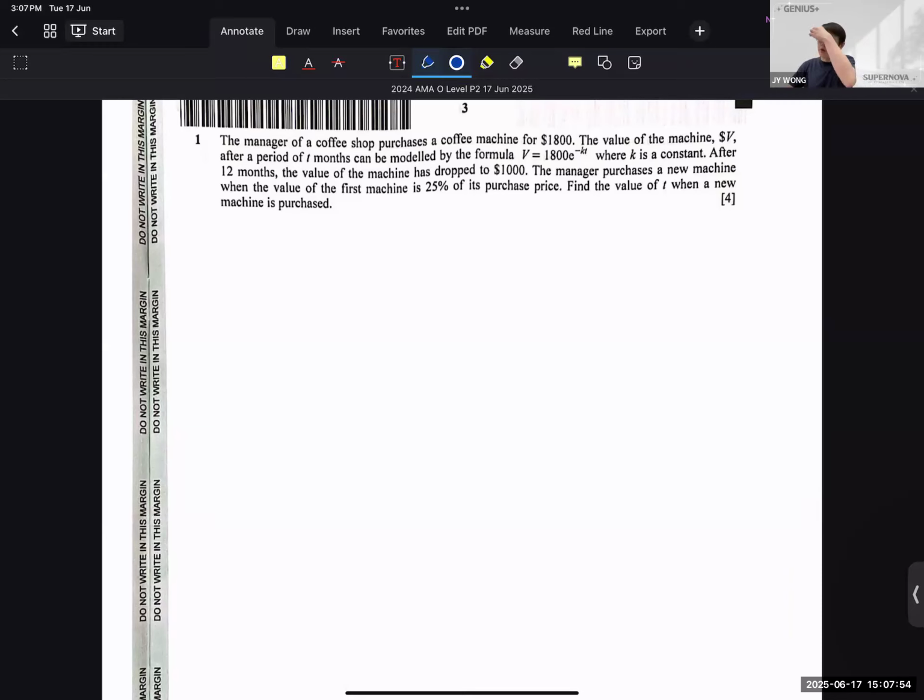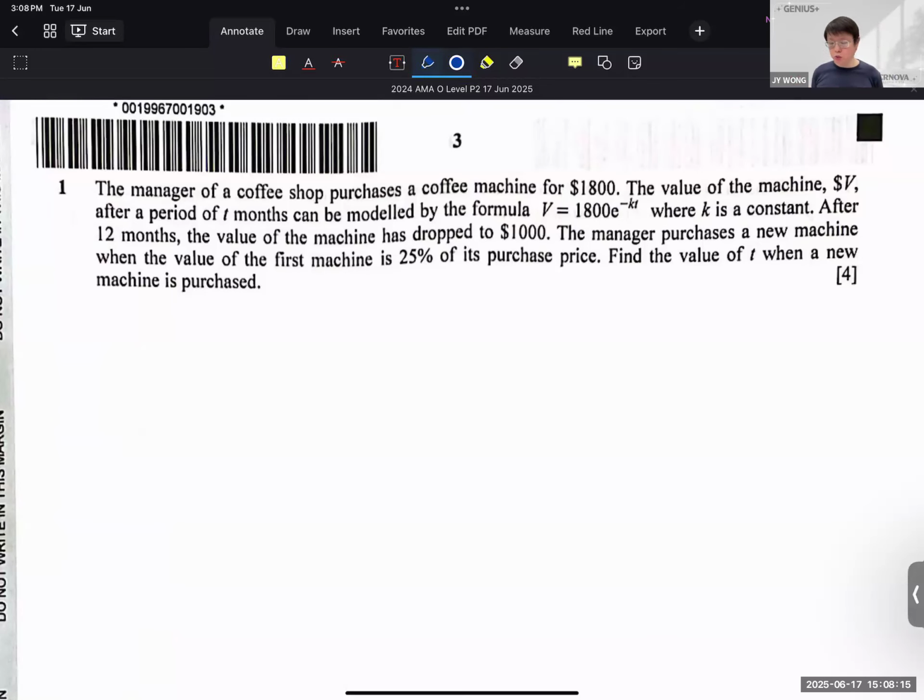So what do we need to take note of? This is clearly an exponential function in a real-world application, right?